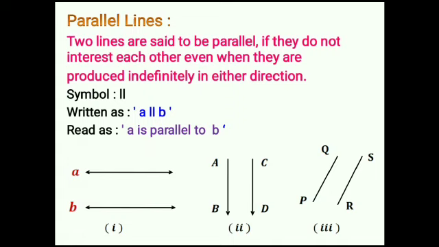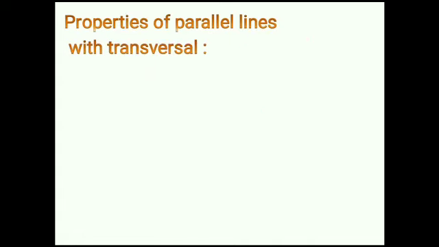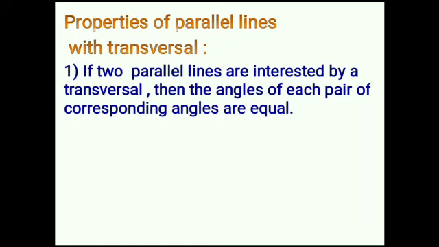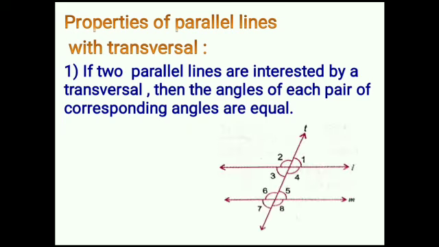So now let's learn the properties of parallel lines with a transversal. So here the first property is, if two parallel lines are intersected by a transversal, then each pair of corresponding angles is equal. So see here one diagram.